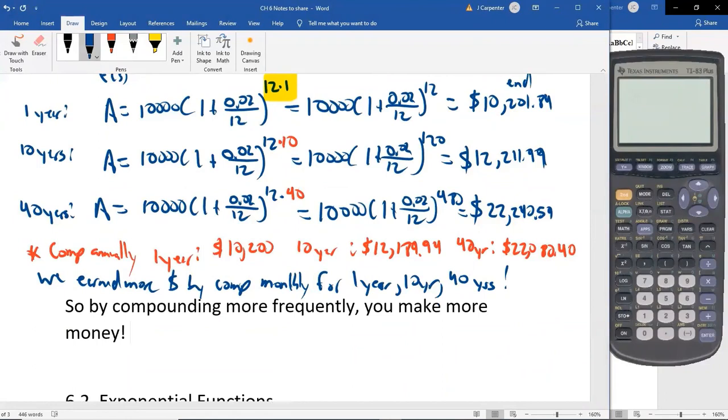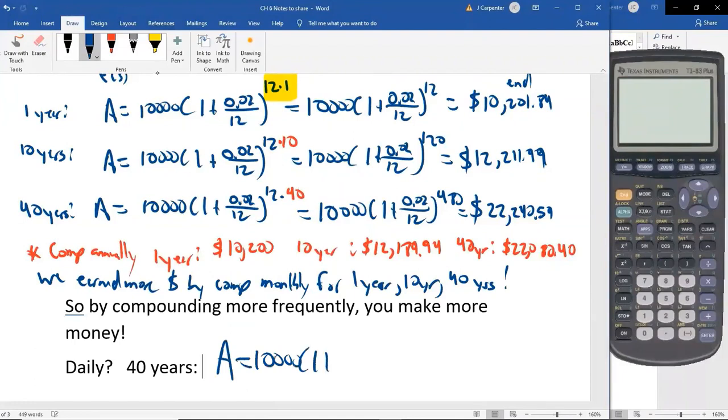So what about if we went from monthly to daily? Do you think that we would make a significant amount of money by doing this daily? Well, let's just look at the 40-year number. So 40 years in, this formula would become A equals 10,000, parentheses, 1 plus 0.02 over n, where n is the number of times we compound.